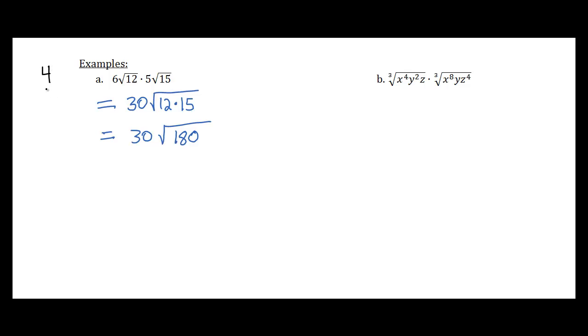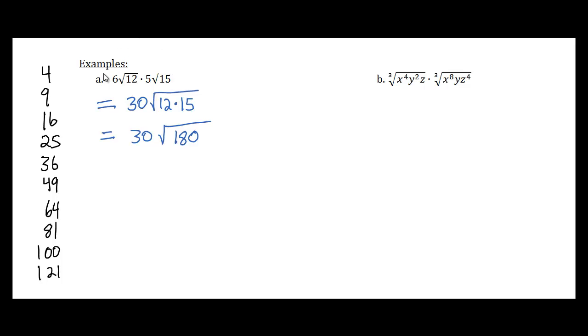For instance, 2 squared is 4, 3 squared is 9, 4 squared is 16, 5 squared is 25, 6 squared is 36, 7 squared is 49, 8 squared is 64, 9 squared is 81, 10 squared is 100, 11 squared is 121, and so on. I know that 180 is not a perfect square, but I want to see what's the largest perfect square that goes evenly into 180.